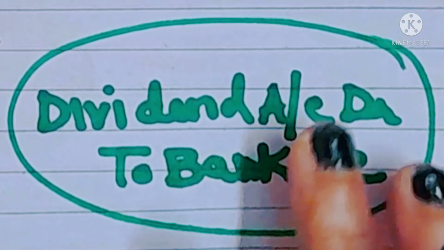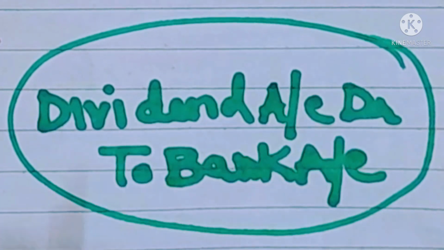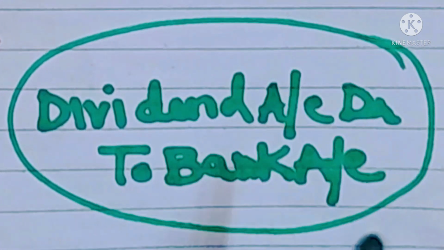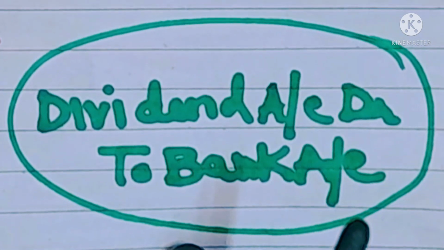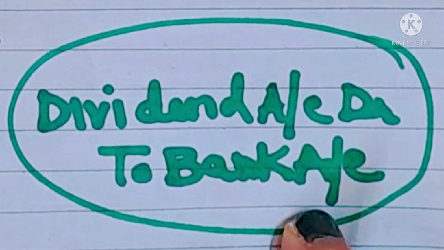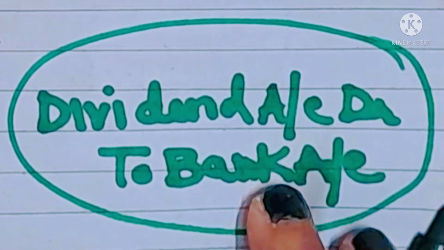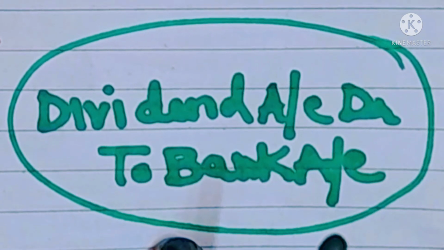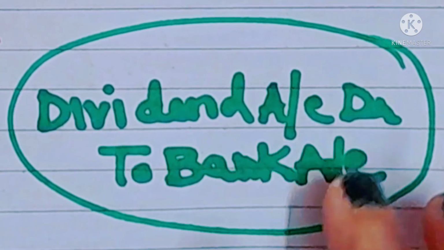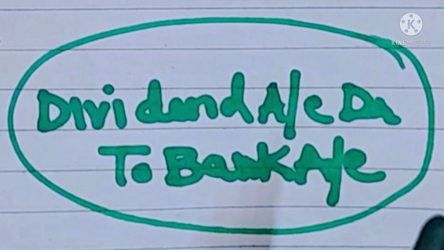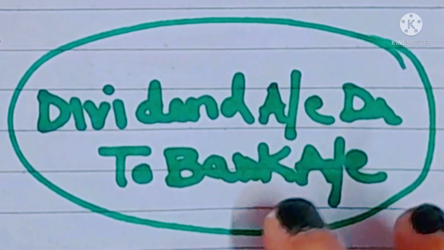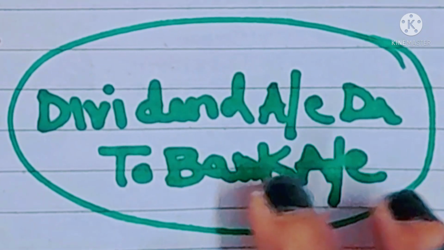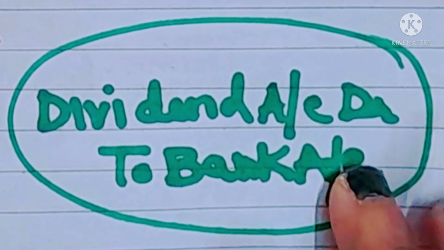Single column cash book only records cash transactions because there is only one column that is for cash transactions, cash receipts and cash payments. Had it been a double column cash book, we would have easily written by dividend account in the cash book on the credit side. Because since bank is on the credit side, dividend will also be on the credit side. We should have written by dividend account in the cash book.